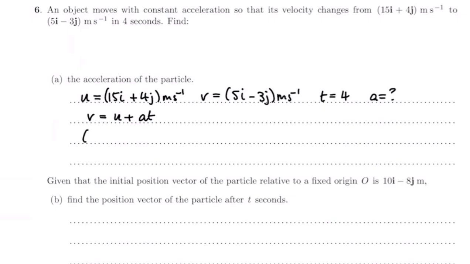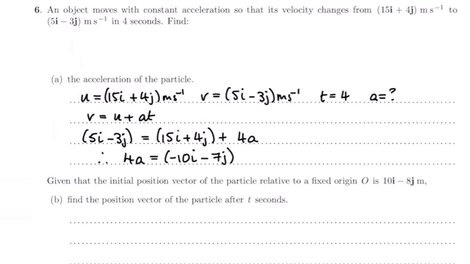This time I'm going to do it in i's and j's. So we've got 5i minus 3j equals 15i plus 4j, and then it's going to be 4a. Therefore 4a must equal negative 10i minus 7j.